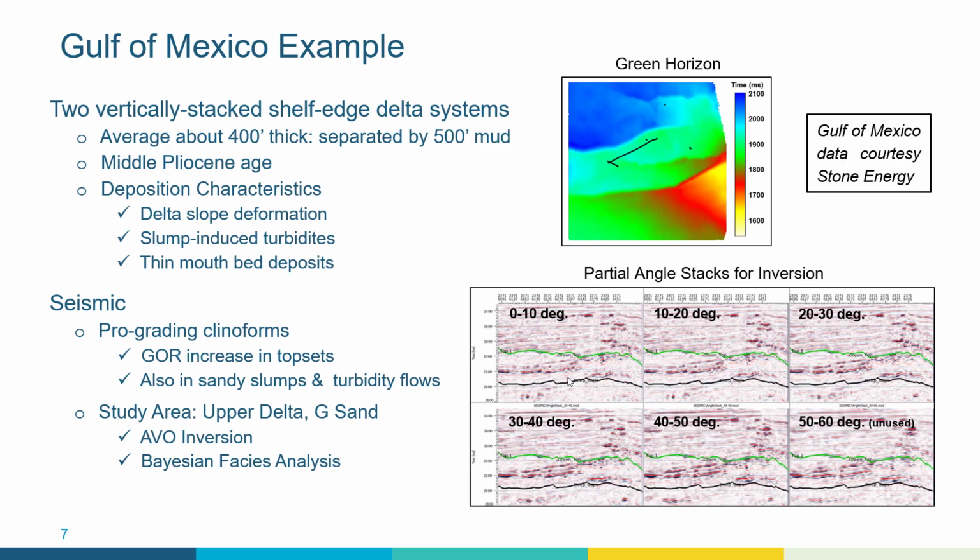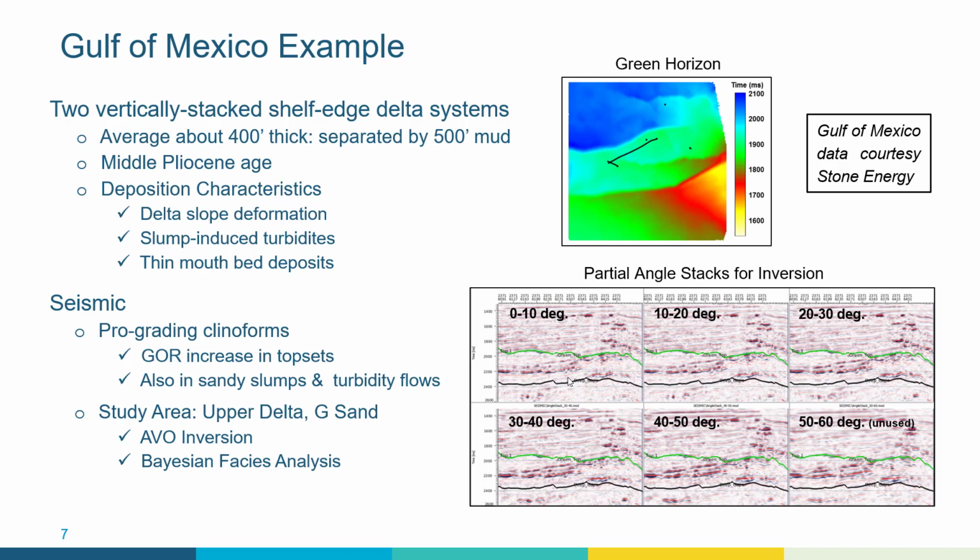Let's look at some examples now, and we're going to take our data from the Gulf of Mexico. So we have 2 vertically stacked shelf edge delta systems here, about 400 feet thick, and we're going to be looking at a small part of that. It's delta slope deformations, slump-induced turbidites, and thin mouth bar deposits.